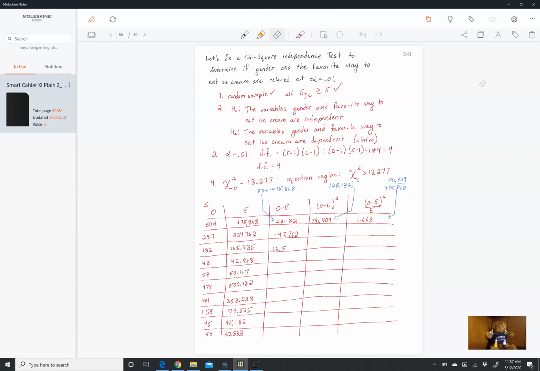So this one we're getting by doing 182 minus 165.435. This is 43 minus 42.818.